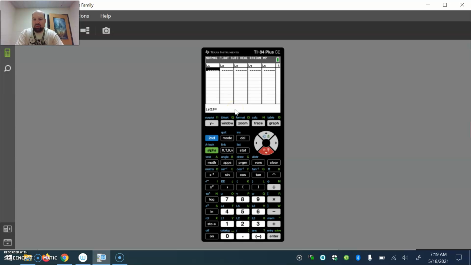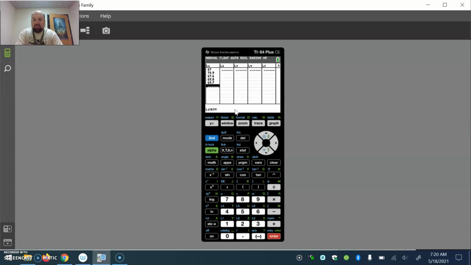My first value is 67.0. I'll go ahead and do that just for consistency. Next one, 70.9, enter. And I just keep going till I have them all in there. 67.6, enter. 69.8, enter. 69.7, enter.